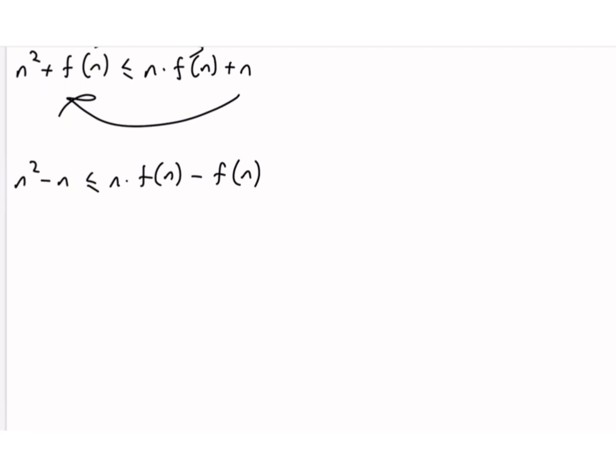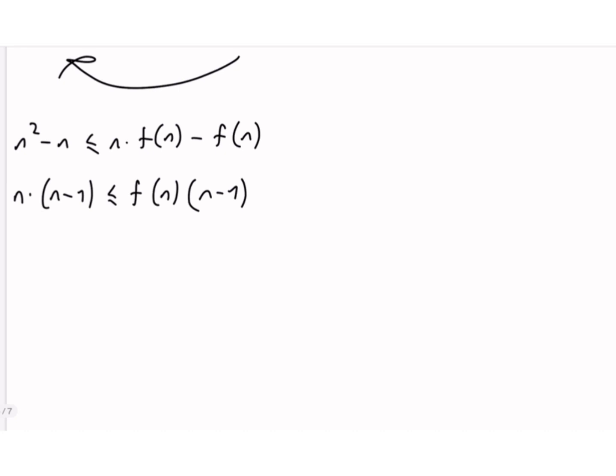Now the left hand side can be factored as n times (n minus 1), and the right hand side is f(n) times (n minus 1). From here, let's assume that n is not equal to 1 and divide by n minus 1. We will look for n equals 1 later on.